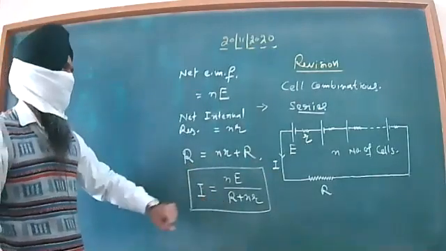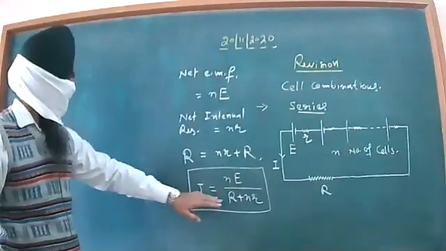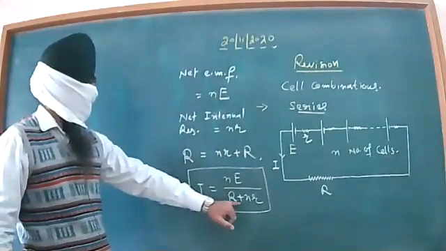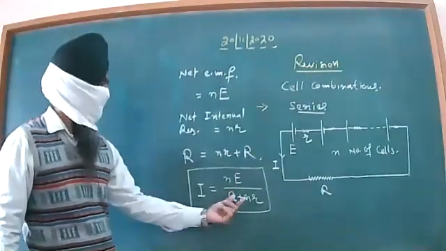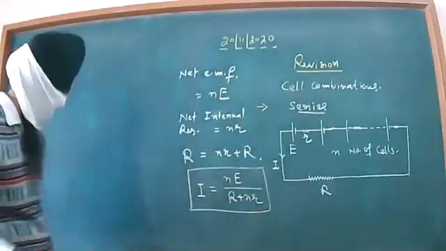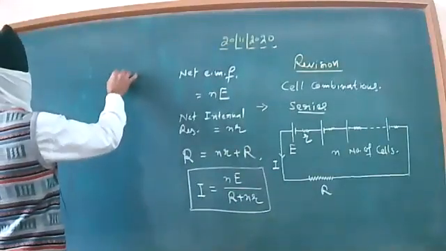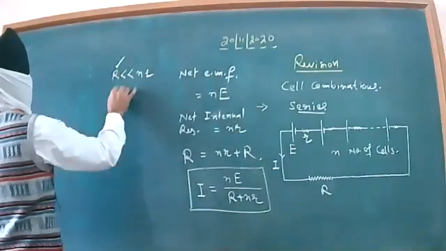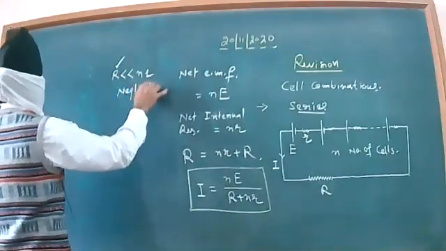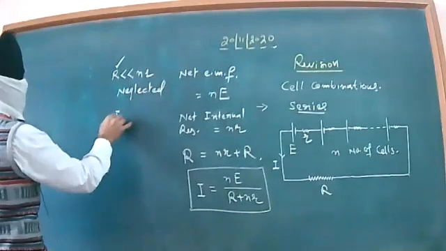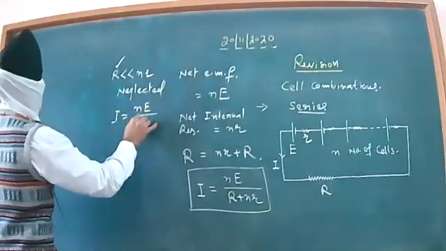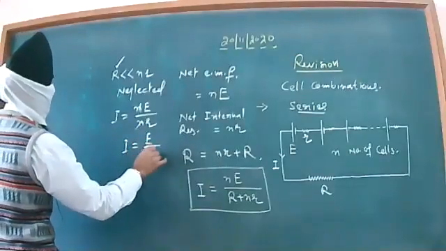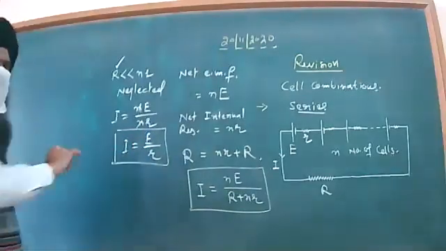Now imagine the situation where capital R is far less than N r, then capital R can be neglected. If we neglect it, our I will be N into E upon N into r, and the total current in the circuit will be equal to capital E upon r.